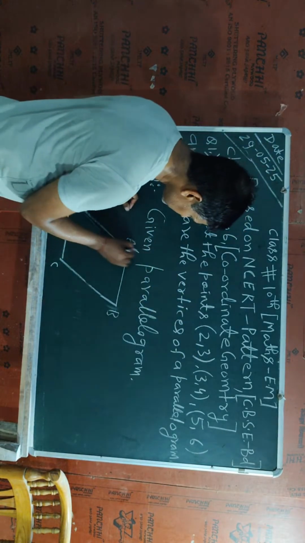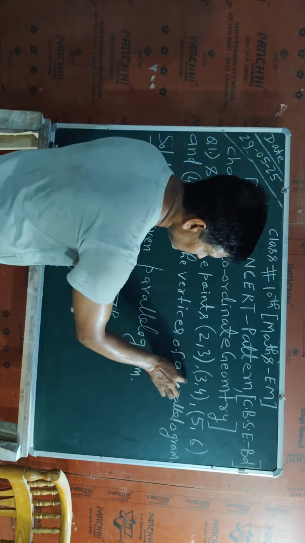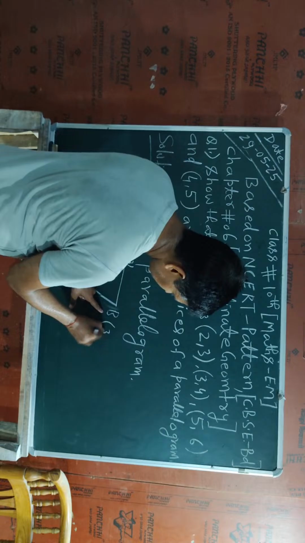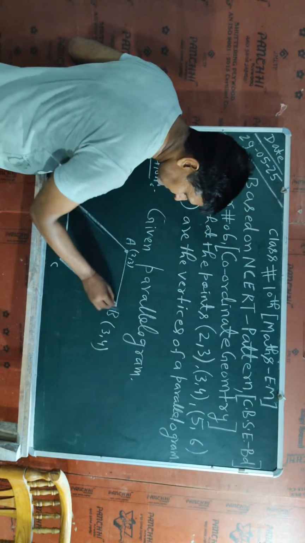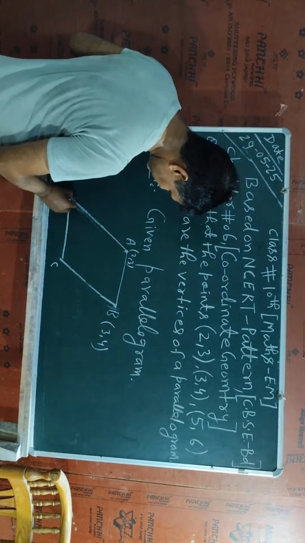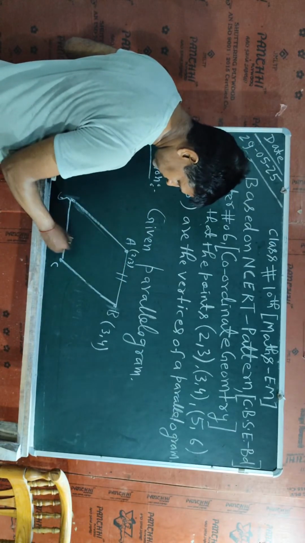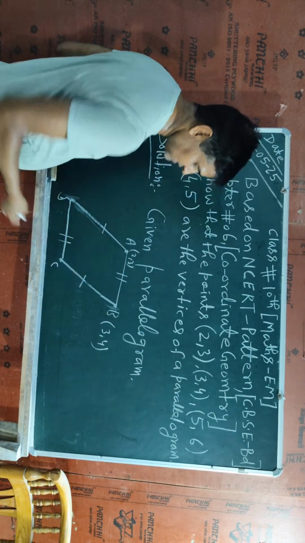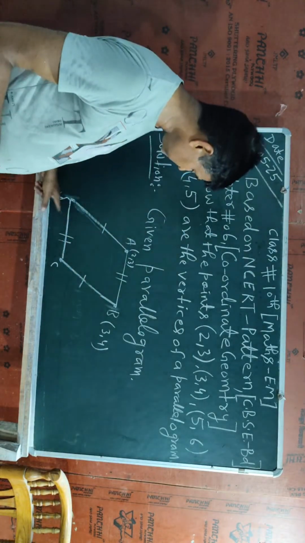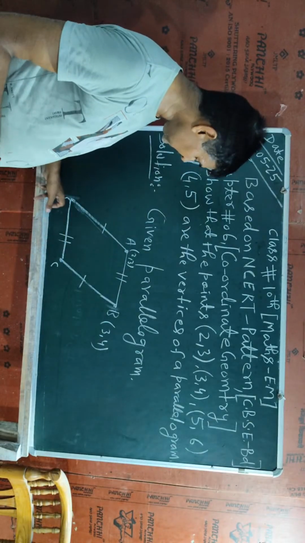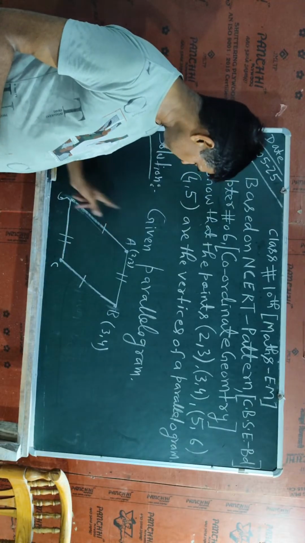Now here the point D, its coordinate will be (3, 4), because these points are the vertices of the parallelogram. It means that this line is parallel to this line and this line is parallel to this line. And also the AB distance will be equal to the CD or DC distance, and the BC distance will be equal to the AB distance.